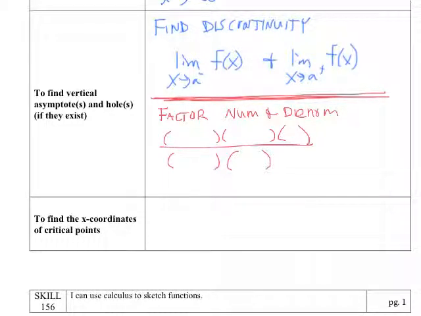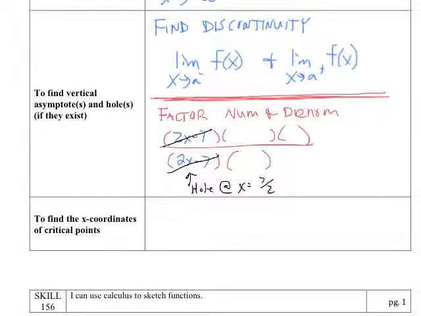If a factor like 2x minus 7 exists on top and bottom, they cancel each other out, and so we have a hole at x equals 7/2.